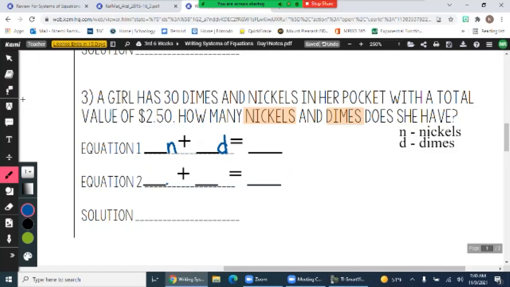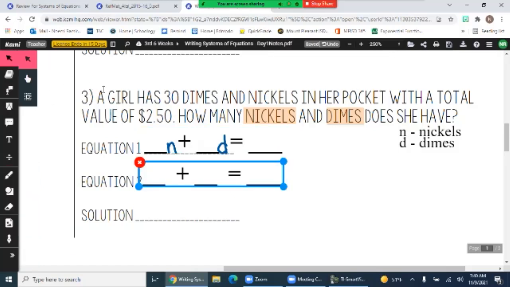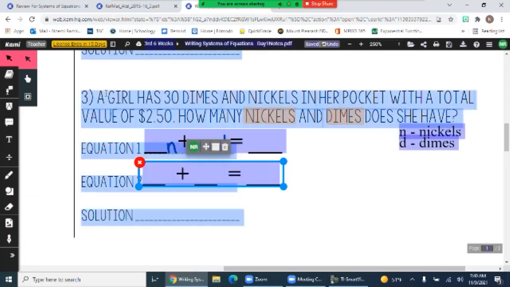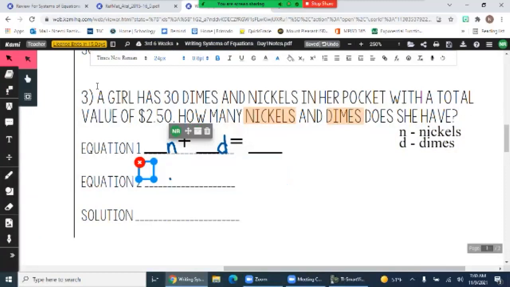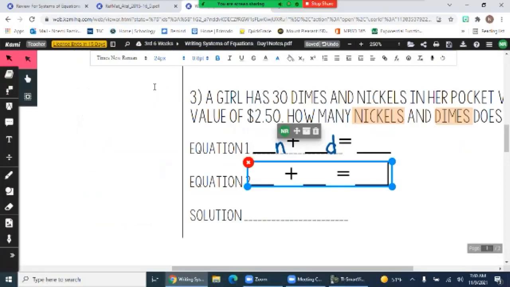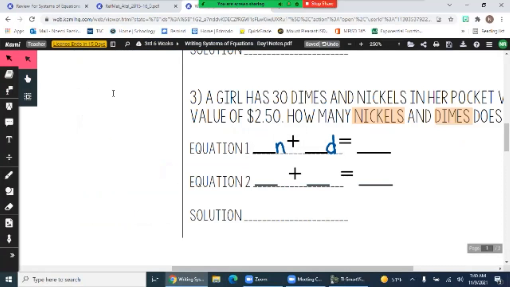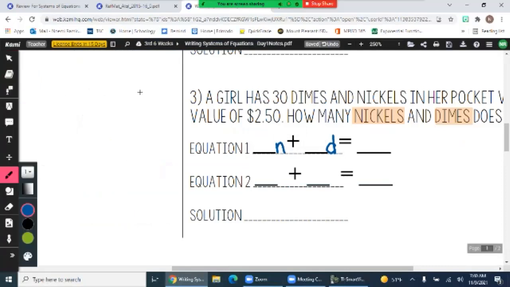Oh, it won't let me. Okay, let me try one more time. If it doesn't, I'll just write it out. It's not a big deal. Yeah, it's not going to let me.